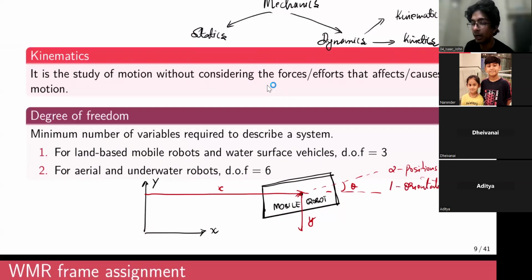So for mobile robots, which operate within a plane, you require 3 degrees of freedom or 3 parameters to fully describe its configuration. Whereas in case of any spatial robot, any generic robot that lives in space, such as aerial robots or underwater robots, you need 6 degrees of freedom, right? 3 for position and 3 for orientation.